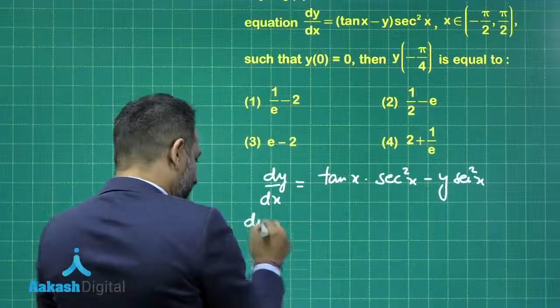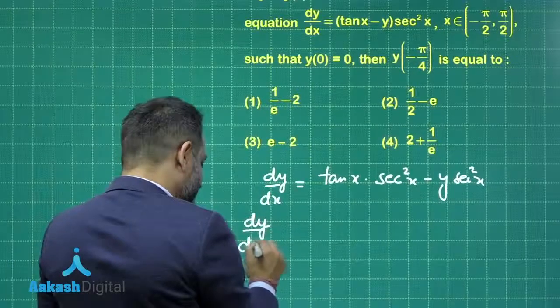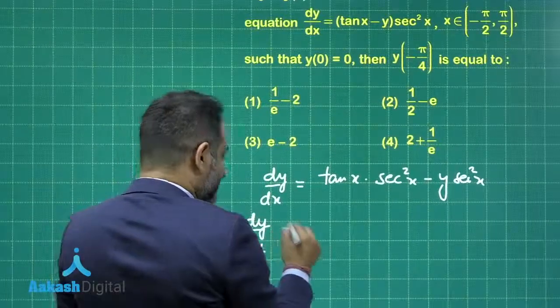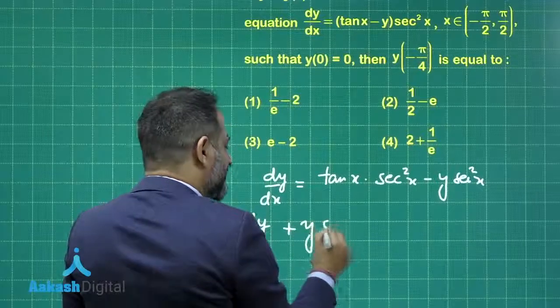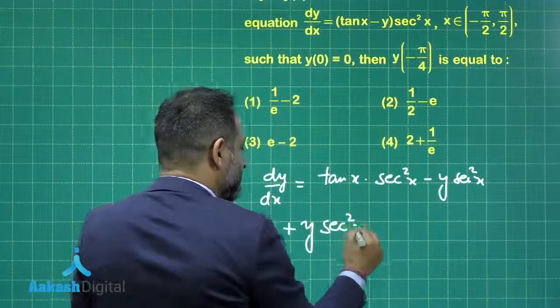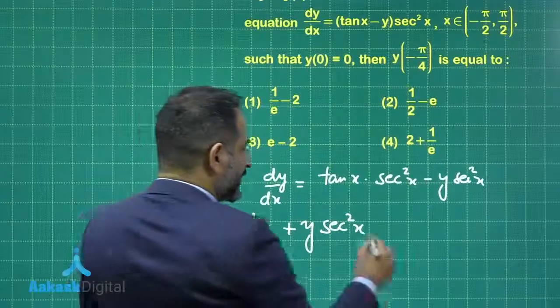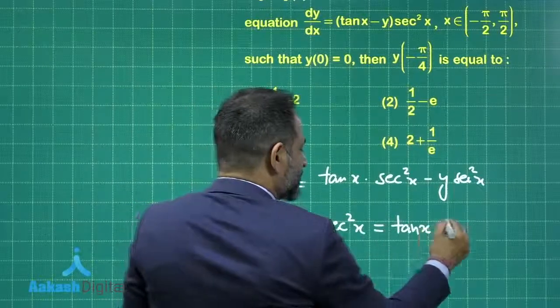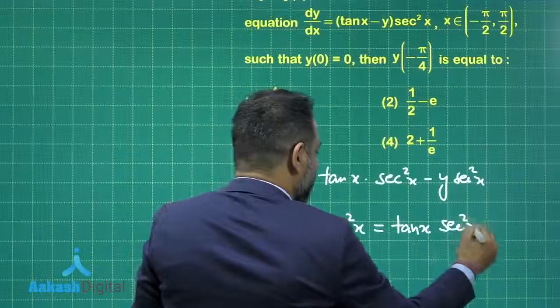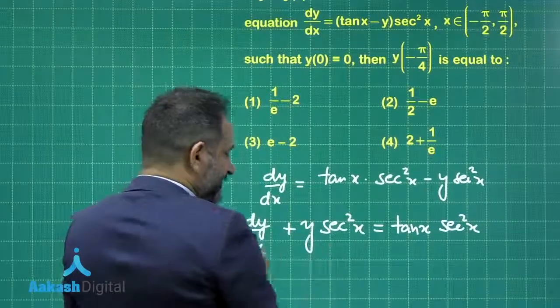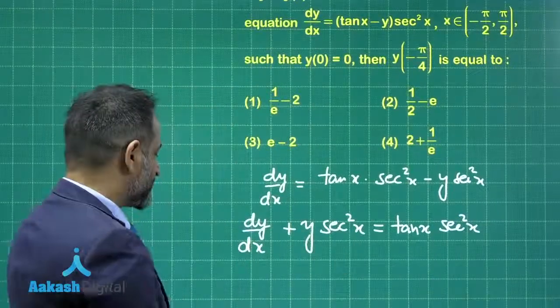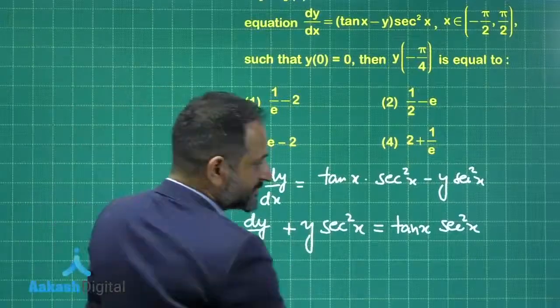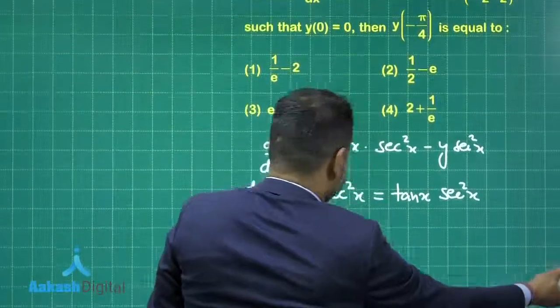Now, if you bring the second term from the right hand side to the left hand side, you can easily see this is a linear differential equation. This is equal to 10x into sec²x.